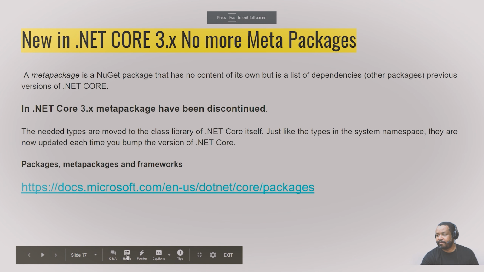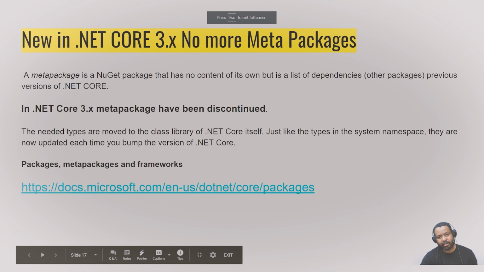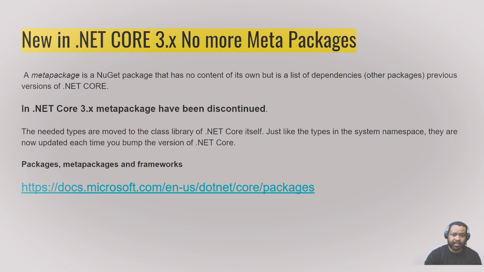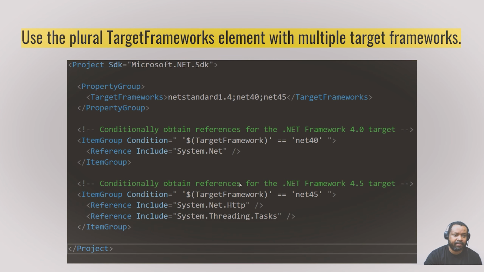Okay, so with that, I just want to quickly go over some things, just showing you more code. We're not coding just yet. I want to explain quickly about multiple TFMs, how those are implemented, and we're just going to take a look at that code in a project file that implements it. When you're referencing multiple TFMs, this is an expression of how that's done. Of course, up here we have the reference to the shared framework.